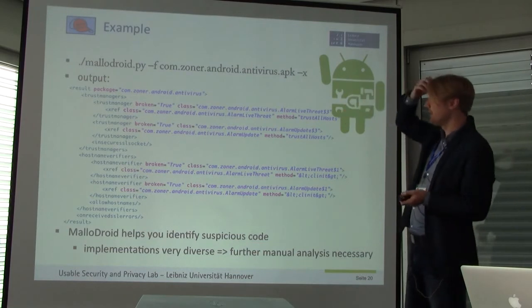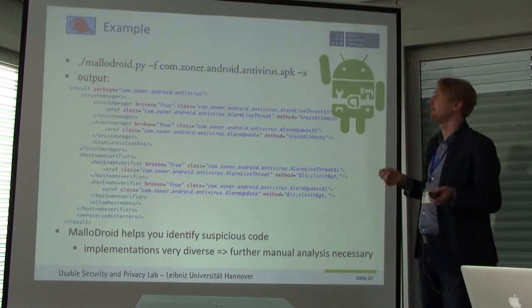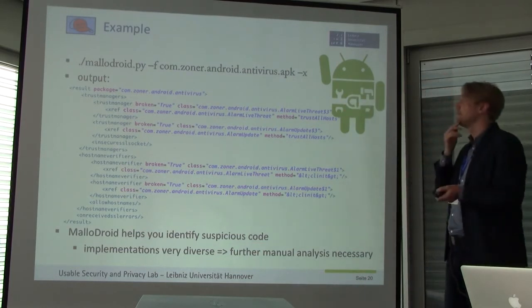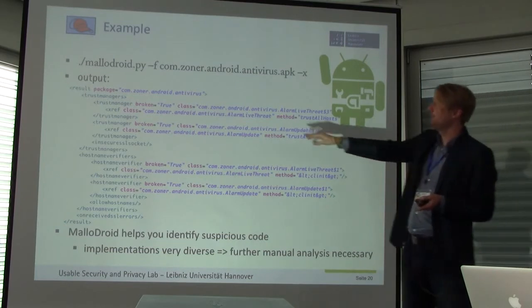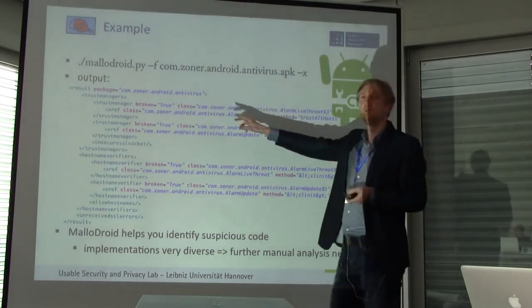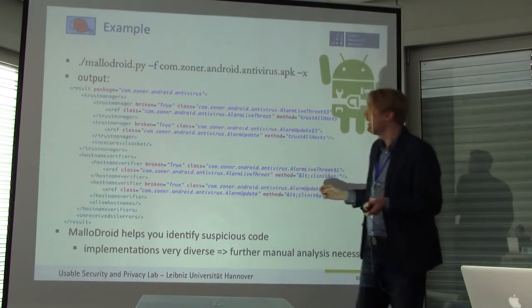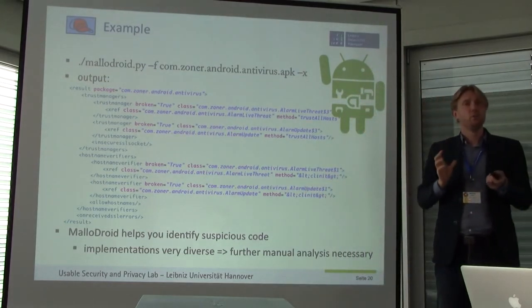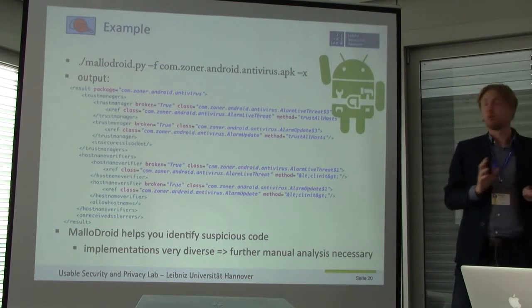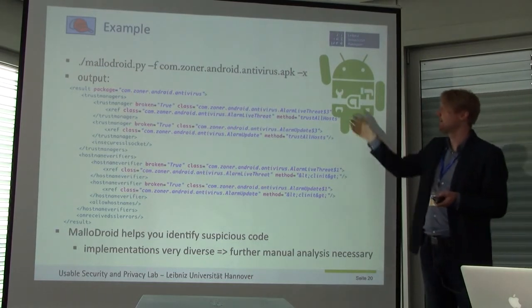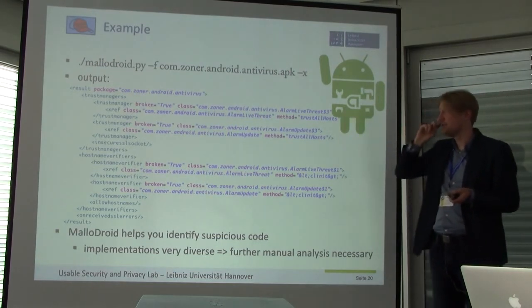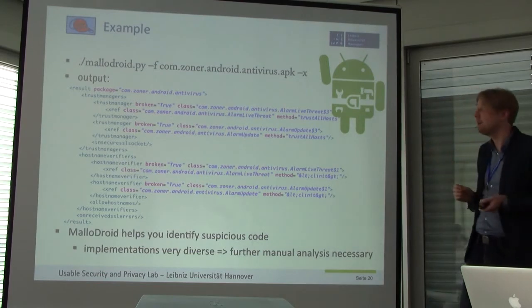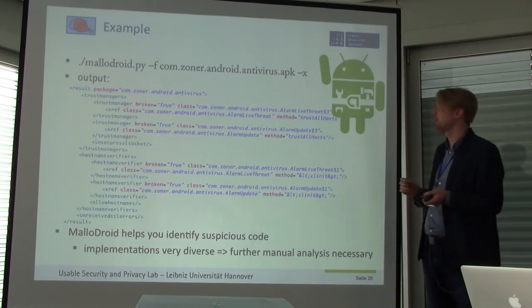So here's a sample output of an antivirus app I will show you a little later on. And as you can see, there are lots of little tags here, broken equals true, which is not a good sign. It'll go through all the code places we identified where we can modify SSL, and it'll check all those against patterns we know and flag any places where users have created their own code.